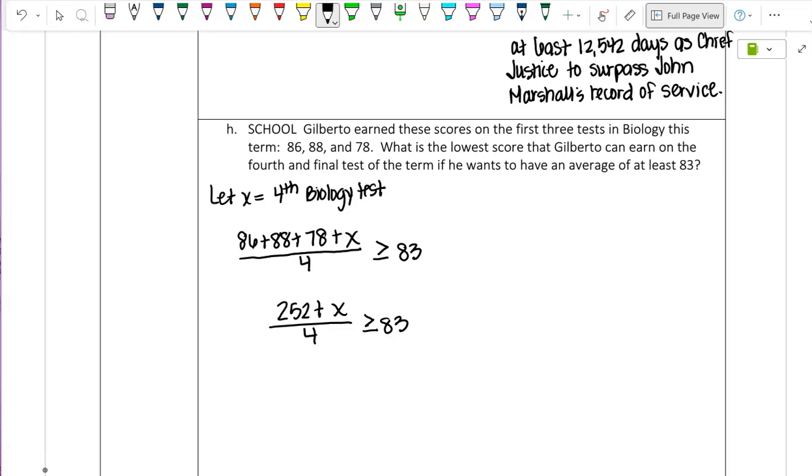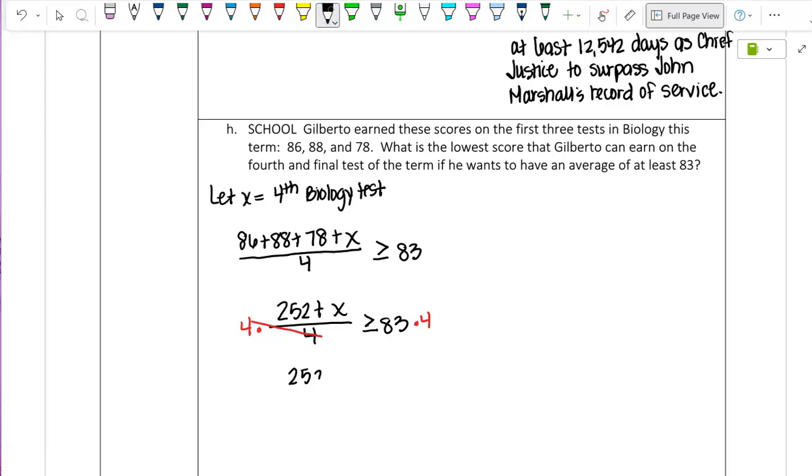So now that we've combined like terms, now the entire left side is a fraction. So I can't get to the numerator until I deal with the denominator. So in this case, we have to start by multiplying both sides by 4.